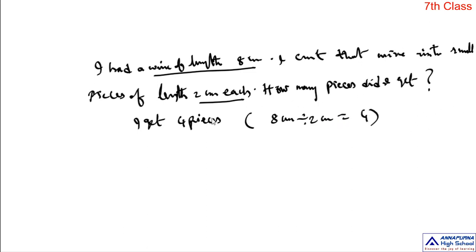So did you understand? One piece is 2 centimeters, for 8 centimeters. How many pieces did I get means, obviously we will divide these two. 8 by 2 means 4 pieces. So like that. Now you observe carefully.